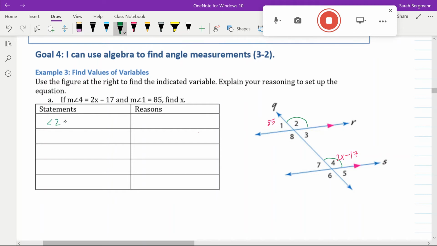I know angle 2 is congruent to angle 4 by the corresponding angles postulate. Next, I know that means they have to have the same angle measure. That's the definition of what a congruent angle is.